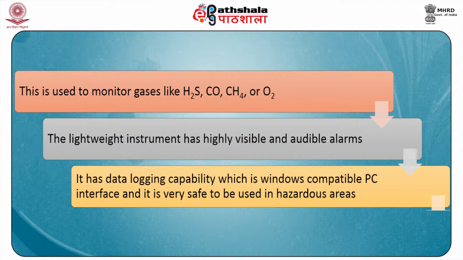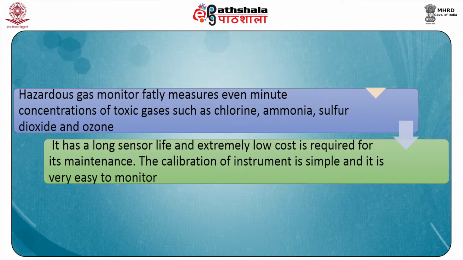The lightweight instrument has highly visible and audible alarms. It has data logger capability, with a Windows compatible PC interface, and it is very safe to be used in hazardous areas. Hazardous gas monitors reliably measure even minute concentrations of toxic gases such as chlorine, ammonia, sulfur dioxide and ozone.